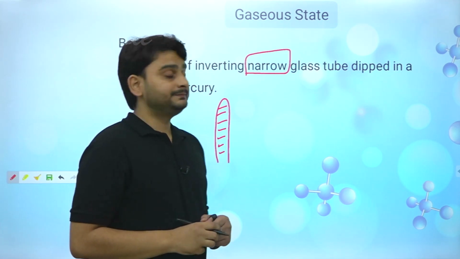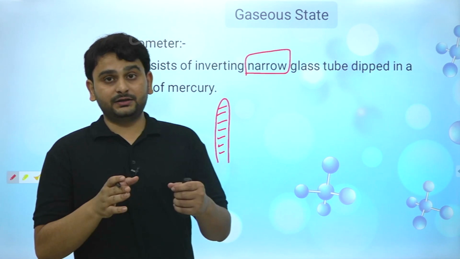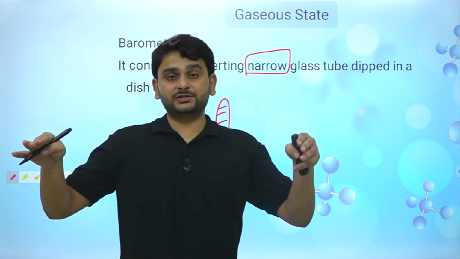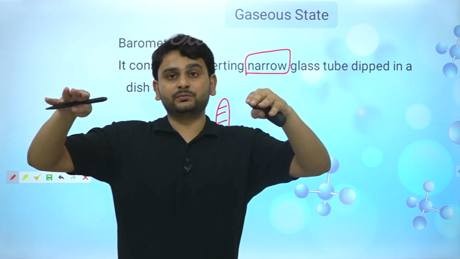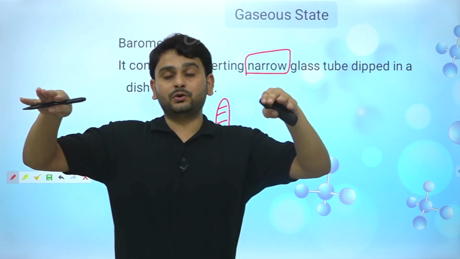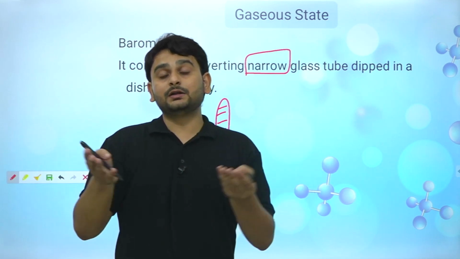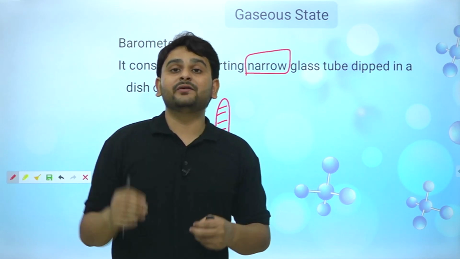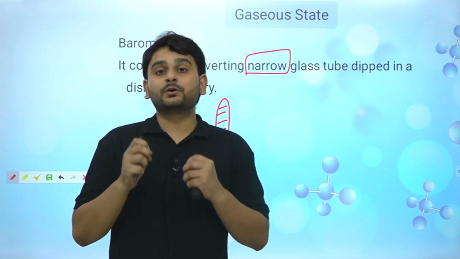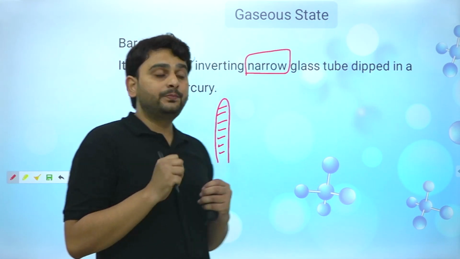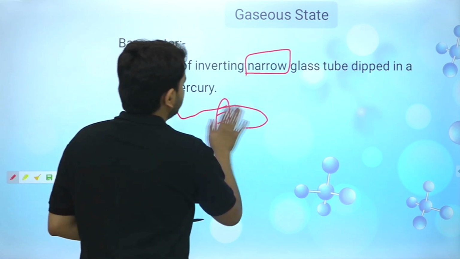If the column grows horizontally also, there is much more space to go horizontally, and it will not be able to rise up to a proper level, and we will not be able to measure the height of the mercurial column. I hope you've understood, guys. I'll move on.